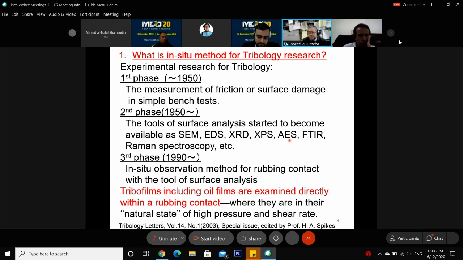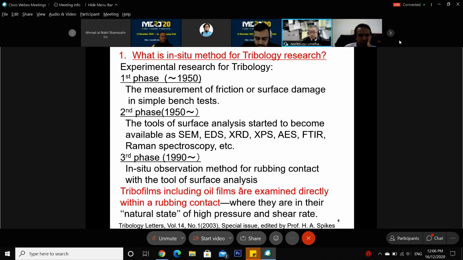There are so many kinds of surface analysis methods. But with these methods, the analysis is just after the friction, after the wear. From 1990, in situ observation methods for rubbing contact came together with the tools of surface analysis. That is also important.